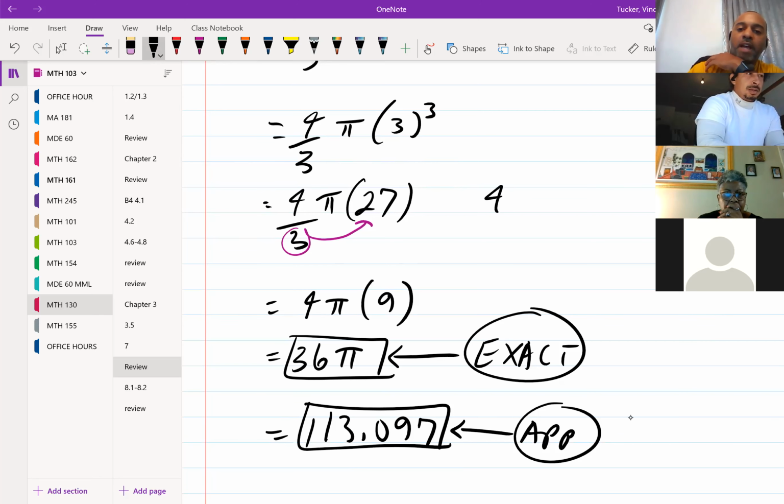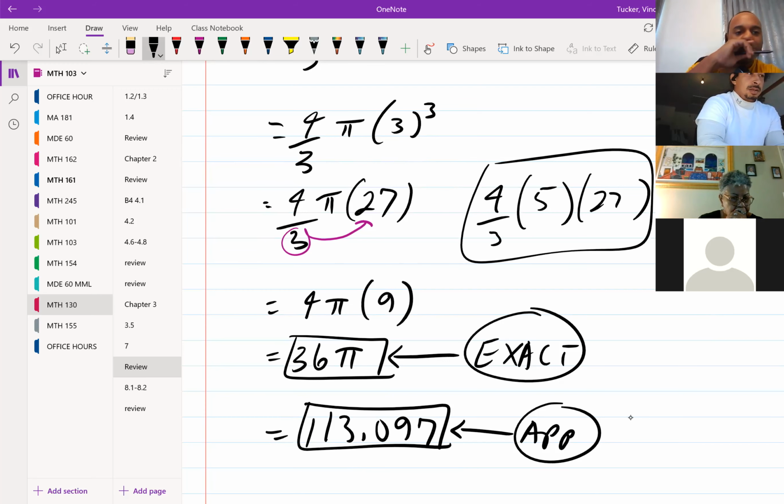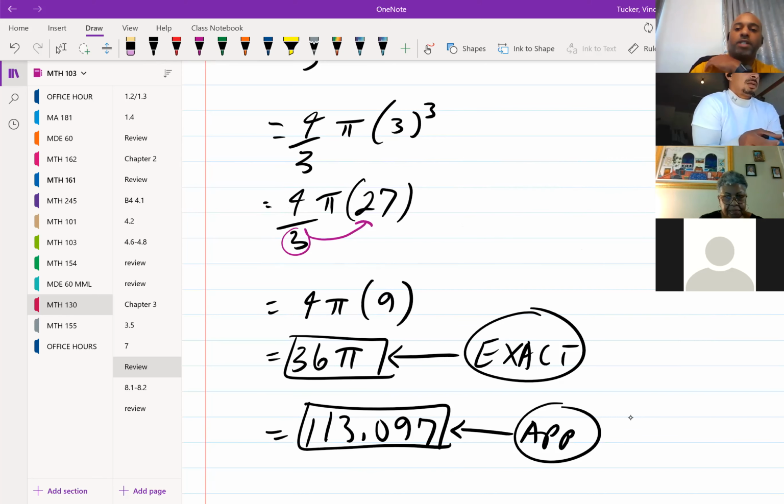That's the same thing as having 4/3 times 5 times 27. All that's just multiplication. Multiplication is commutative, so that means you can do it in any order. If you have all multiplication, you can do it in any order. Okay, I got you. Appreciate you. Not a problem.